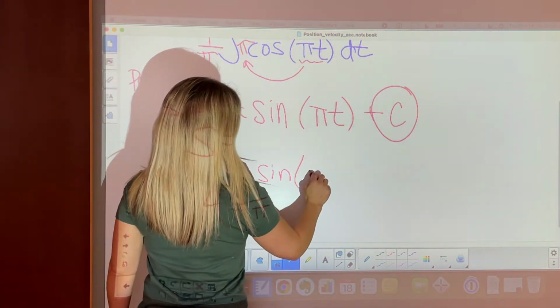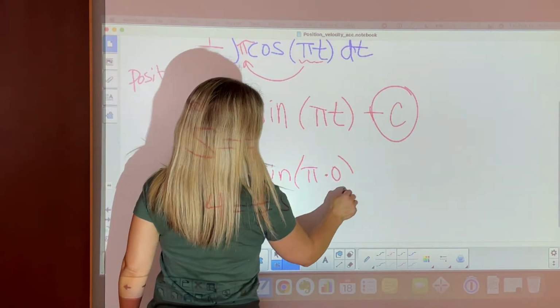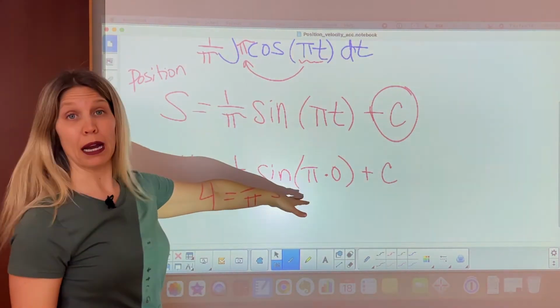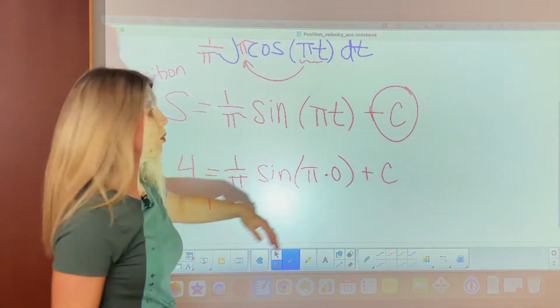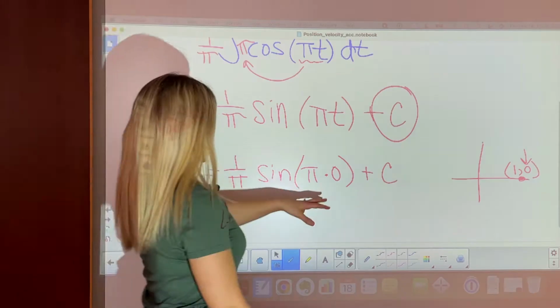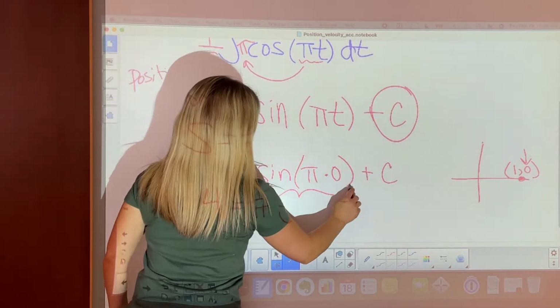So they said s is 4 when t is 0. So this is pi times 0 plus c. All right, so this becomes pi times 0. So we need to know what sine is at 0. Well, here's our 0, which is 1 comma 0. Sine is our y value. So this whole piece goes to 0.